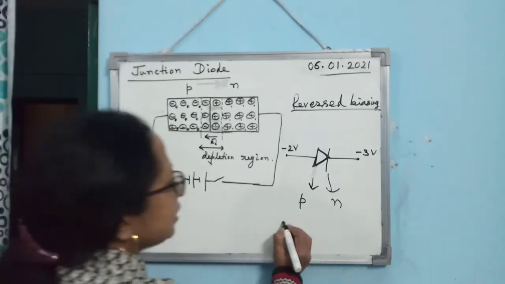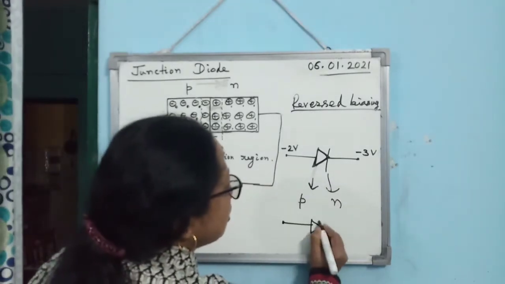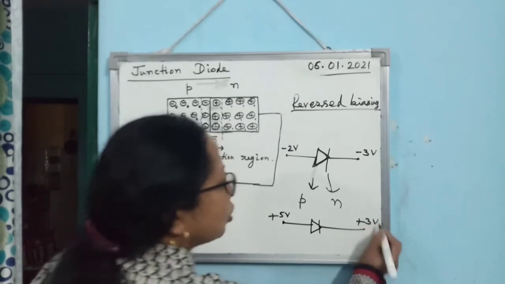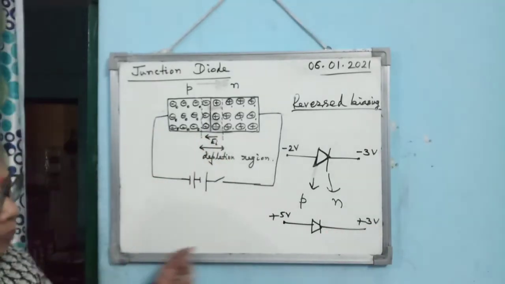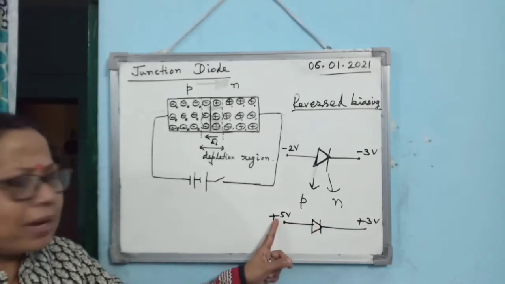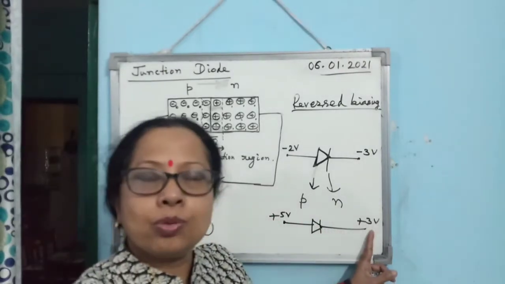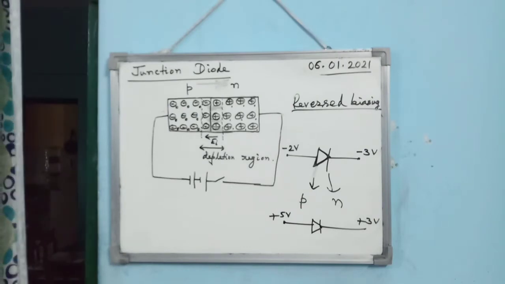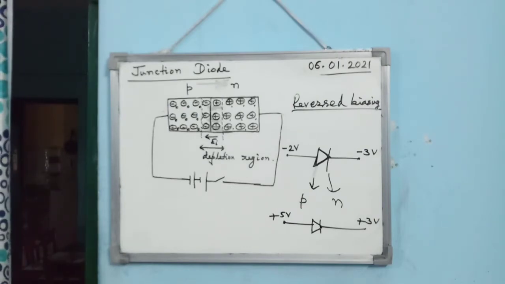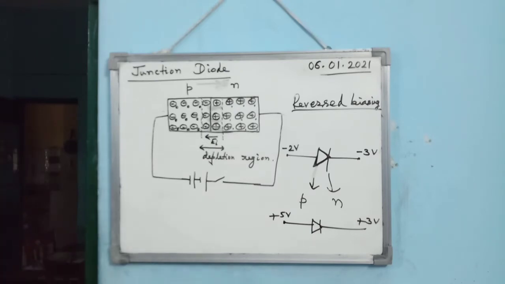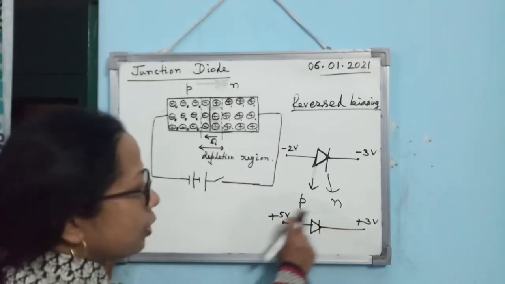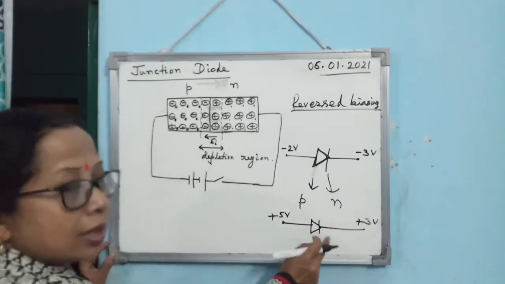Now, suppose this is plus 5 volt and this is plus 3 volt. Both are positive, but the P region is at plus 5 and the N region is at plus 3. The P region is at high potential and the N region is at low positive potential, so it is forward biasing.